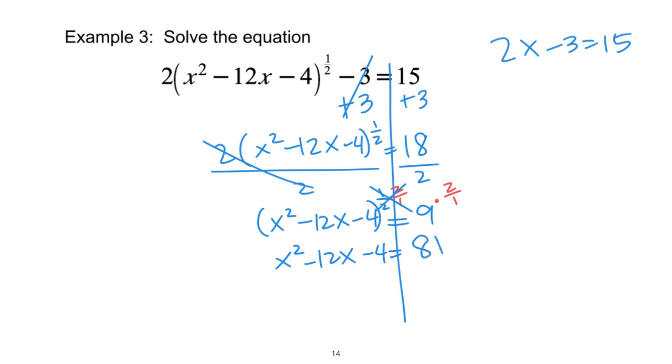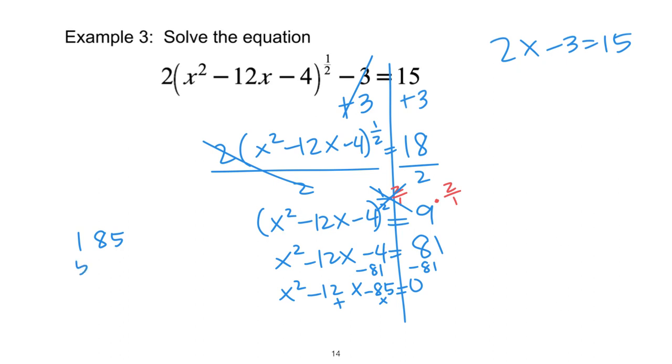Again, let's just set it equal to 0 and start to solve. So I'm going to subtract 81 on both sides. And I'm going to start to factor. This one's a tough one. Use your calculator. Multiplies to be 85, adds to be 12. If you need to, write your numbers that multiply to be 85, like 1 times 85.